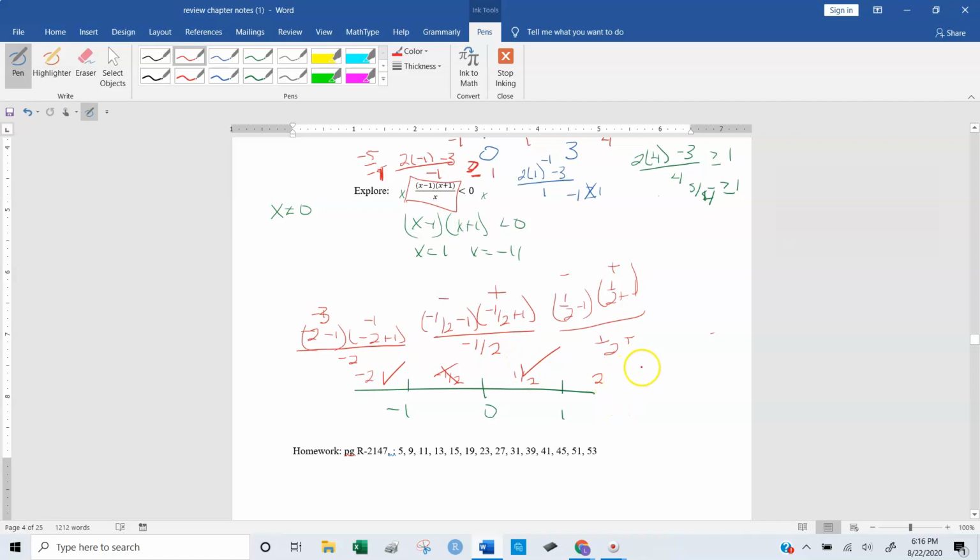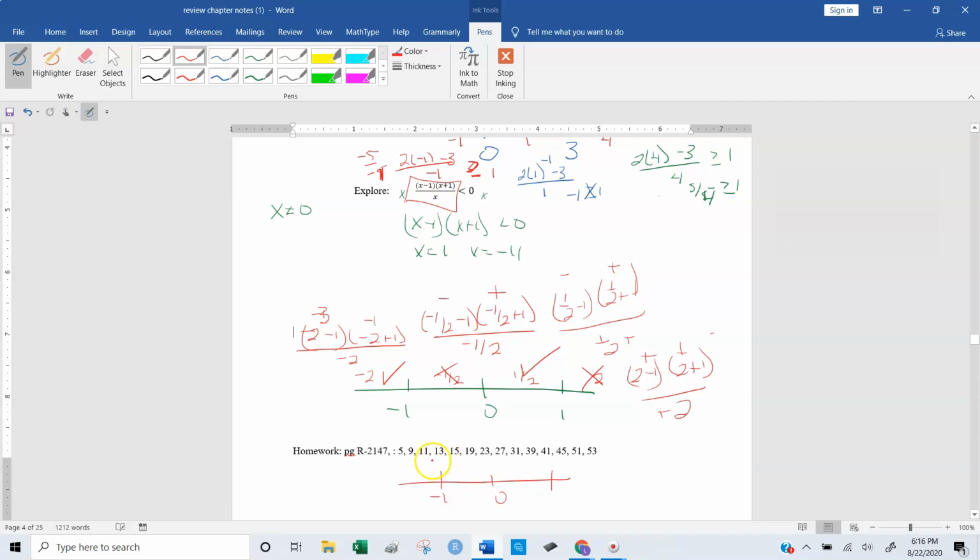Now let's plug in your 2. So we have a 2 minus 1 and a 2 plus 1 all over the 2. So this is a positive and a positive and a positive, giving us a positive number, so this section does not work. So overall, your final number line should be -1, 0, 1.